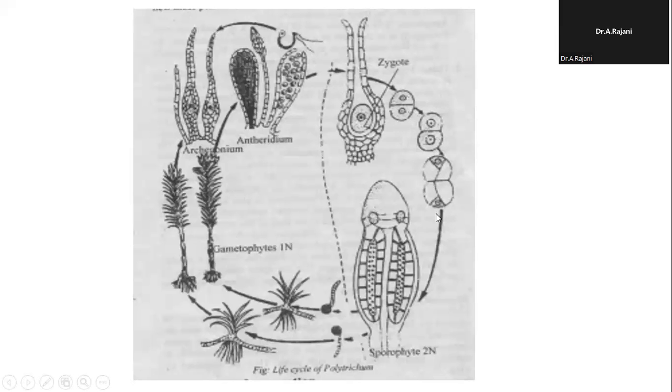This zygote upon development develops into the sporophytic phase. Now this sporophyte, upon maturity, is going to release the spores. Some of these spores will develop into male protonema, and other spores will develop into female protonema. So the buds of them will germinate into the respective male and female adult plants.